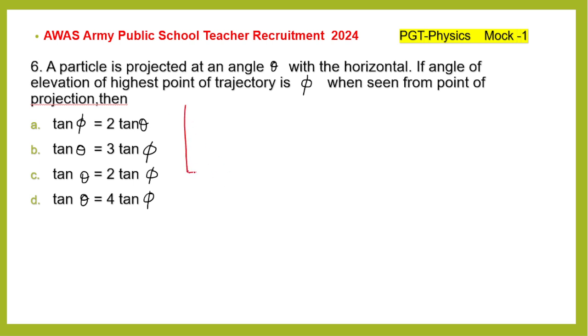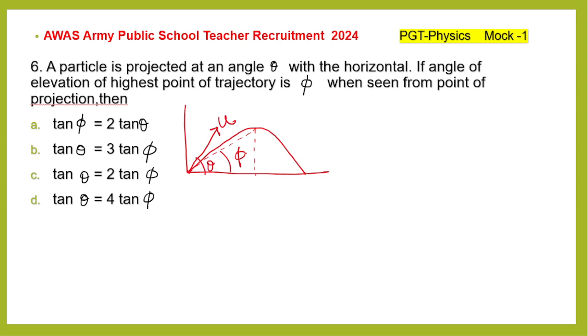This is the diagram. This particle is projected at an angle theta. So this is u, the velocity of projection, and this is the angle of projection, and this is the angle phi as per the question.